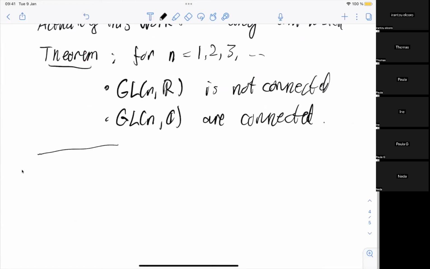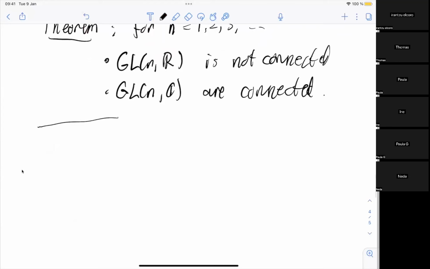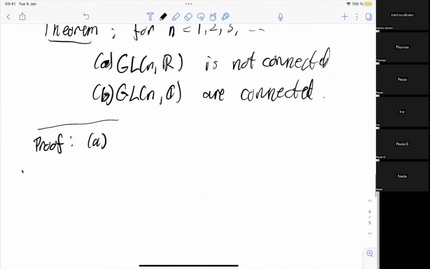So what is the proof of this? So the proof, let's call this A, and let's call this B. So the proof for A is the following. It's essentially this thing here: the determinant is a continuous function.